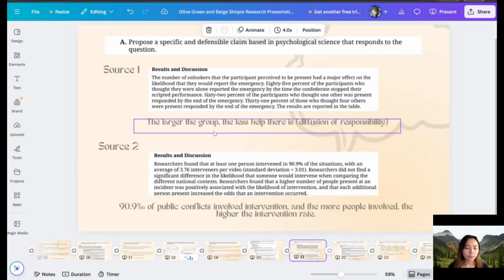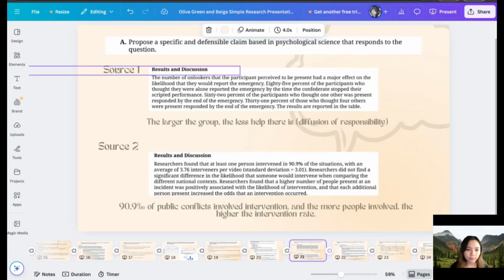So part A proposes specific and defensible claims based in psychological science that respond to the question. When you start to read different sources, please take a note of what each source is about, and try to make a 1 to 2 sentence brief summary of what the source is talking about.